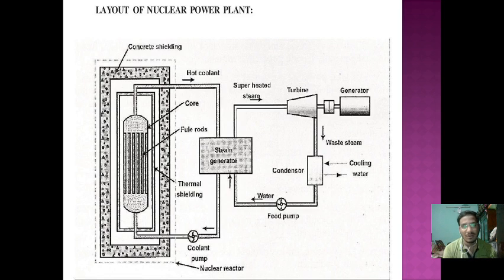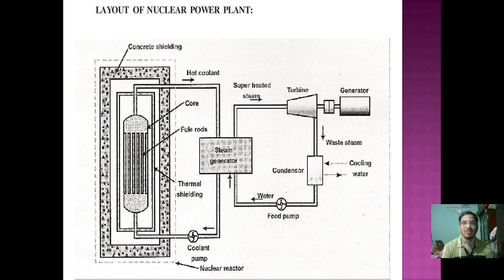As you know, we have already discussed the layout of the nuclear power plant. The layout is there to generate electricity from water: the water is converted into steam, the steam goes to the turbine, and the turbine drives the generator.